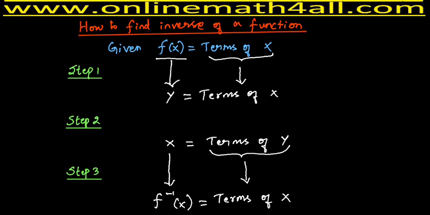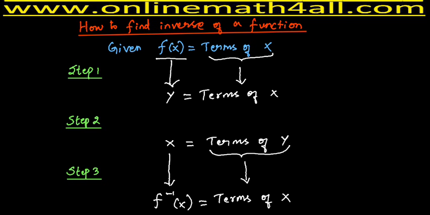In the first step, from the given function, we replace f of x or h of x, whatever is given, by y. And on the right side of the equal sign, we just take the terms of x as they are in the given function. So this is step 1. When we see step 1, it's very clear: the function has been defined by y in terms of x.